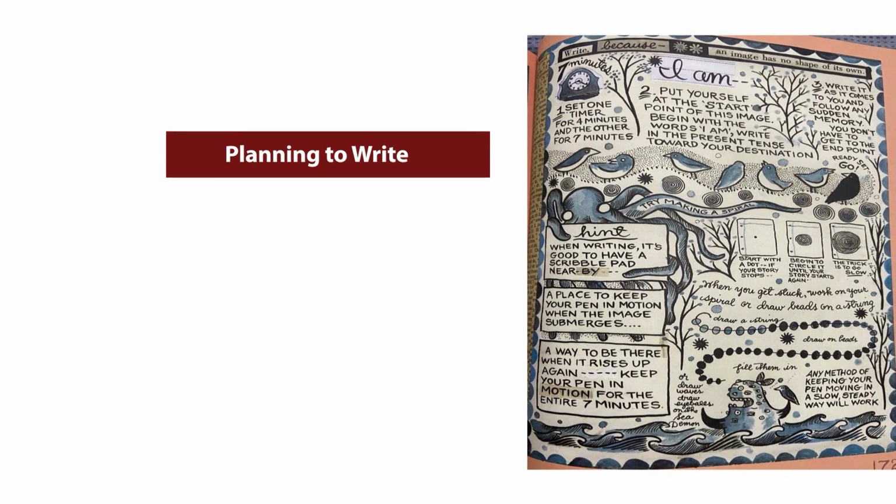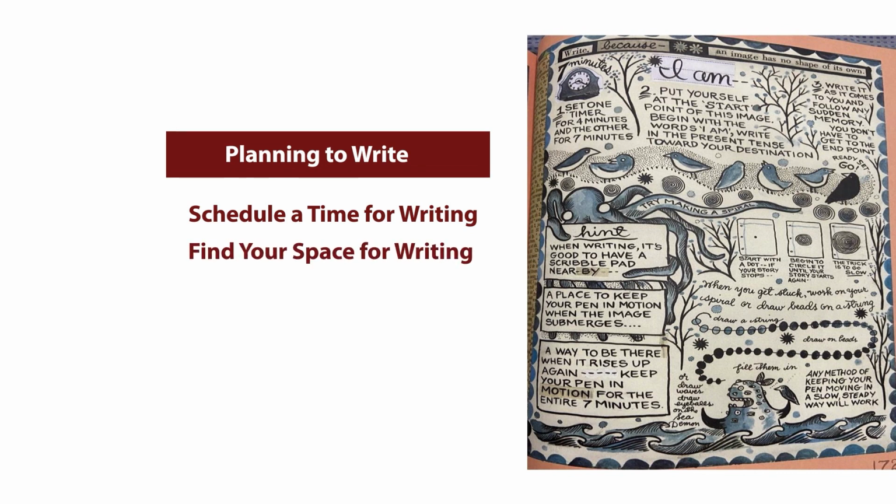So again, I'm using Linda Barry, who I'd mentioned last time, creative writer, creative artist, but also creative writing coach. And she says, and she has these interesting ideas, schedule a time for writing. She says, find your space. You might find that you work best on your table with the door shut. Some people like to go out and sit in a park when they write.